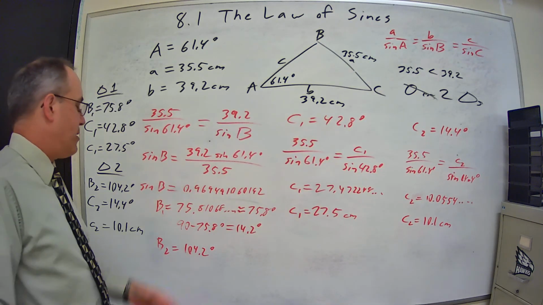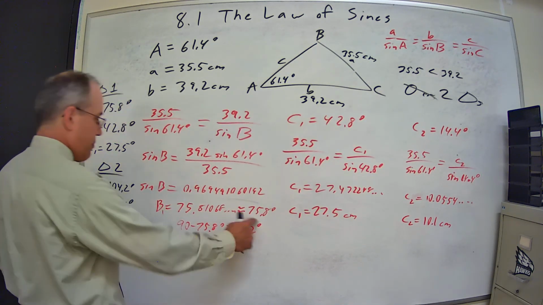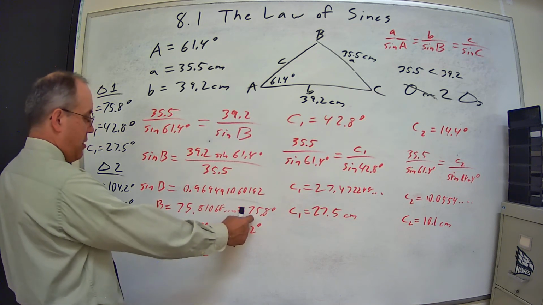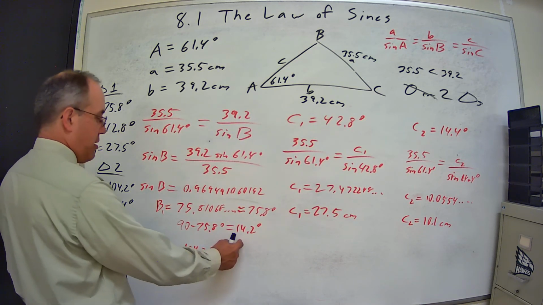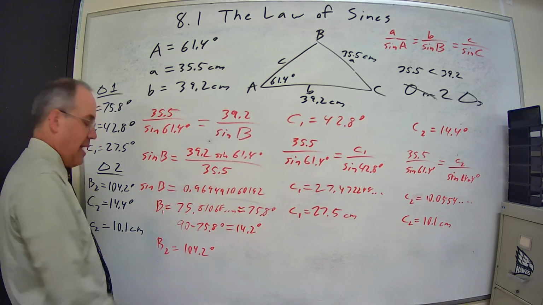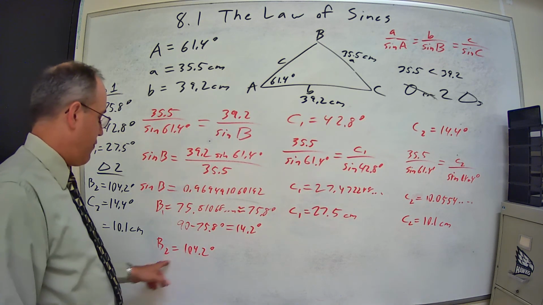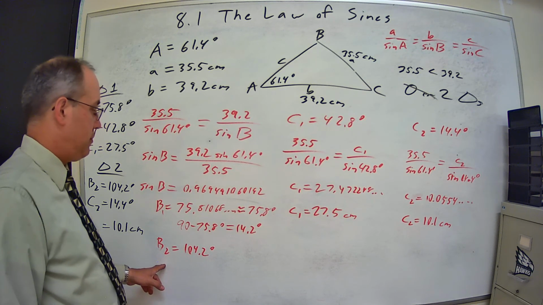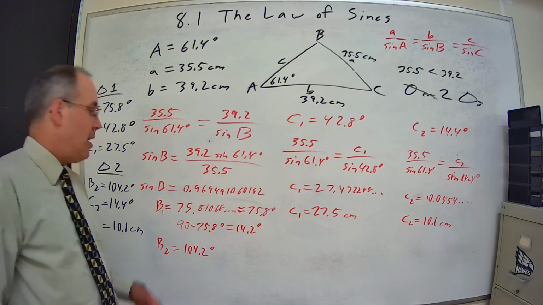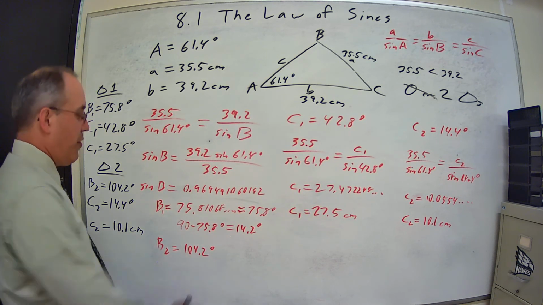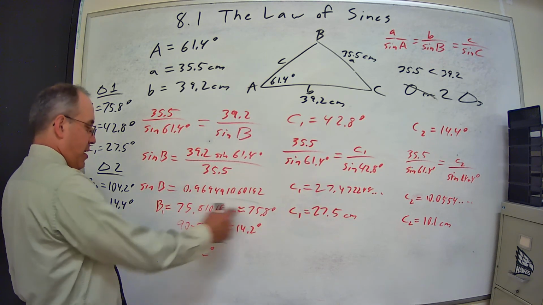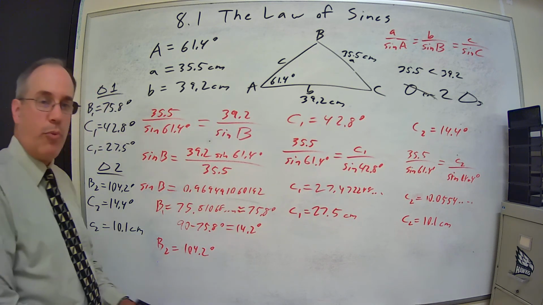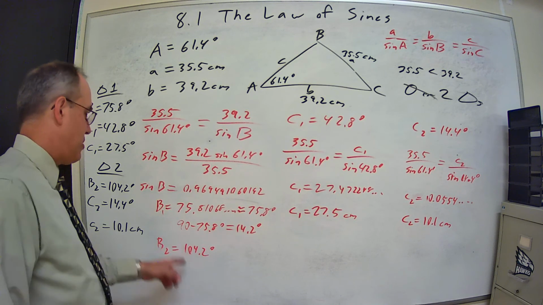And when we did that, we then took the angle that we found, its complement, and used that to find the other possible angle. We found the complement and said, okay, if we subtract it from 90 degrees, then we get 14.2, and then we added that to 90 degrees to get this.